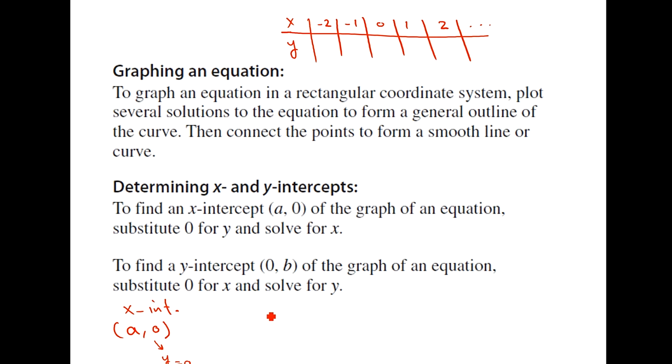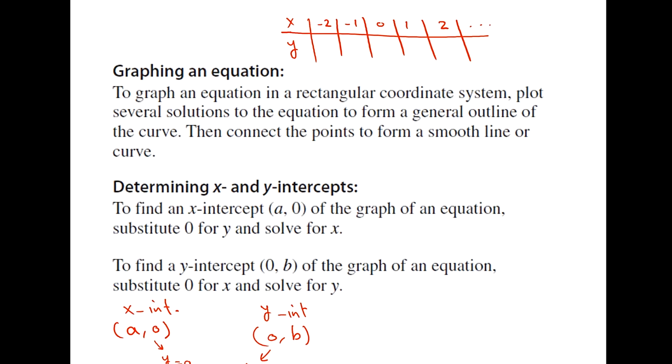If you need to find the y-intercept, the point is 0, b, so x always equals 0. So to find the y-intercept, set x equal to 0 and find y. To find the x-intercept, set y equal to 0 and find x.